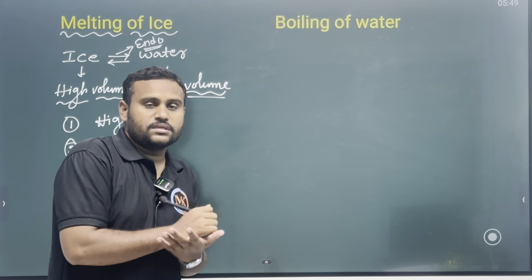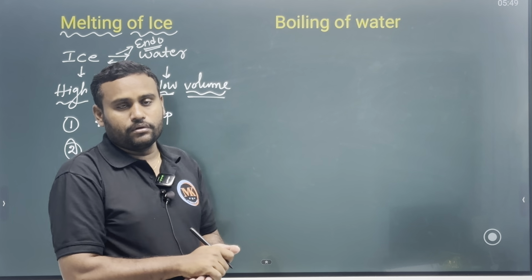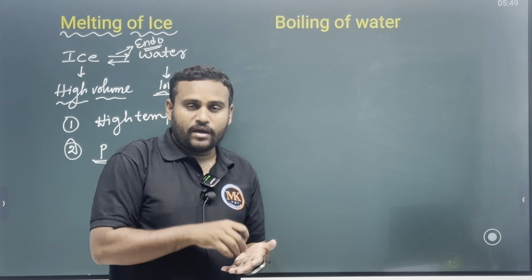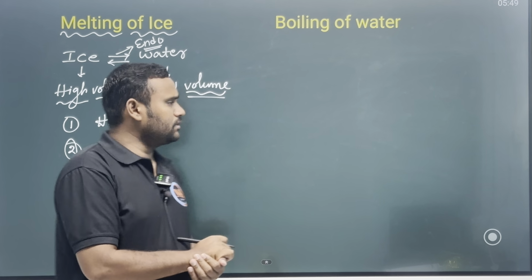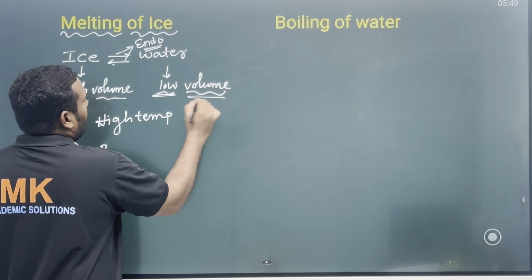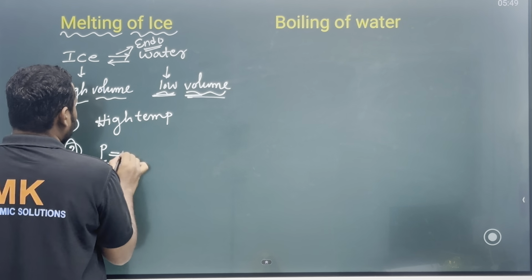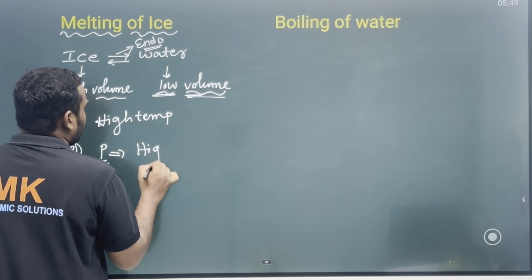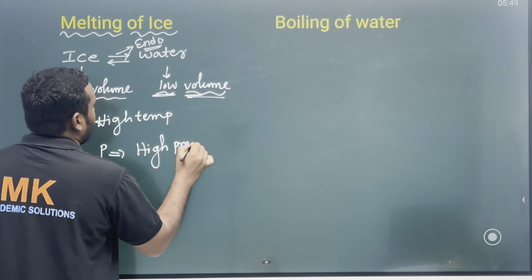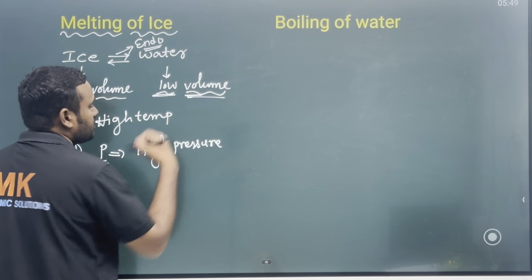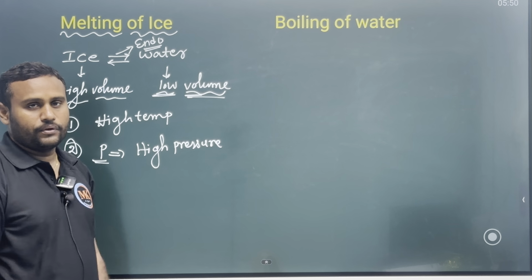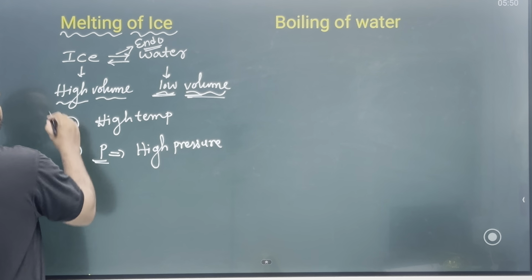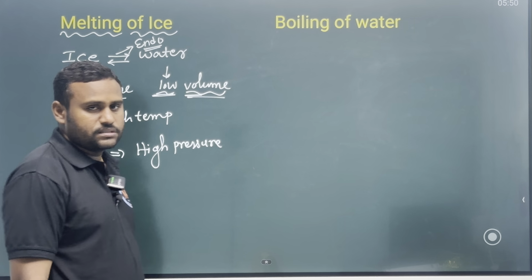So when you increase the pressure, the volume is going to decrease, so the equilibrium is going to shift to the side which has low volume. So the pressure is high. High pressure is the favorable condition to convert ice into water. Okay, right. So these are the melting of ice conditions.